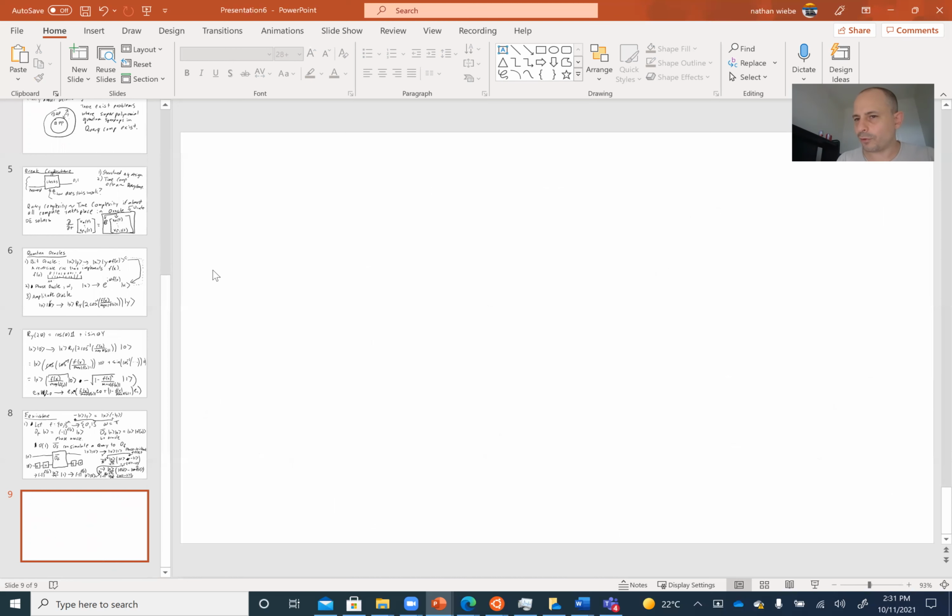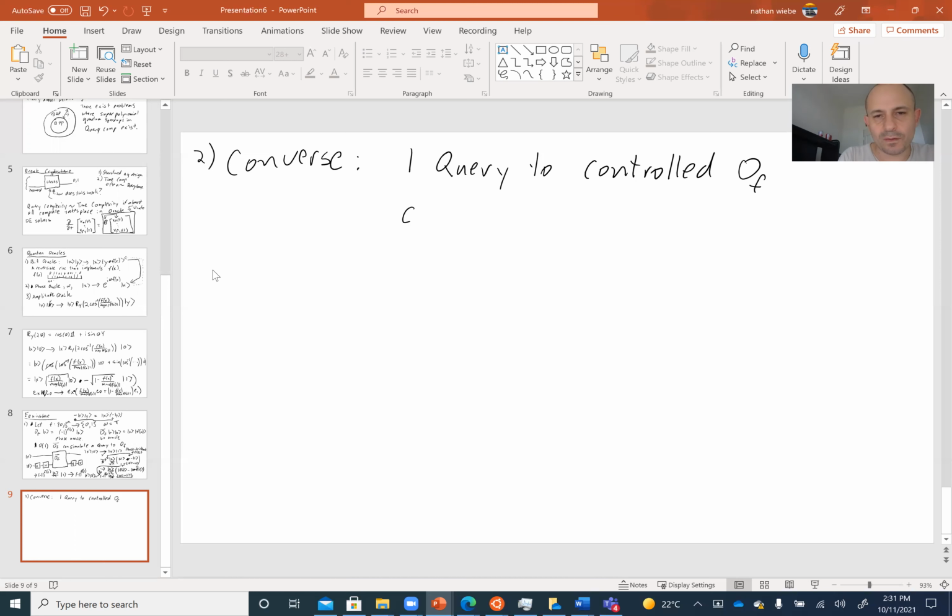But what about the converse? It turns out the converse isn't quite directly true. The closest converse that we can end up getting is that one query to controlled O_f can implement one query to Ō_f.